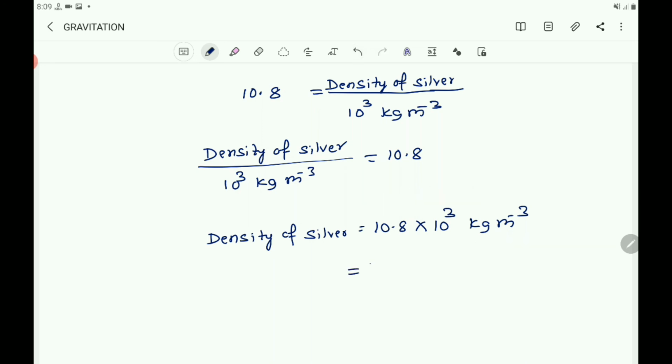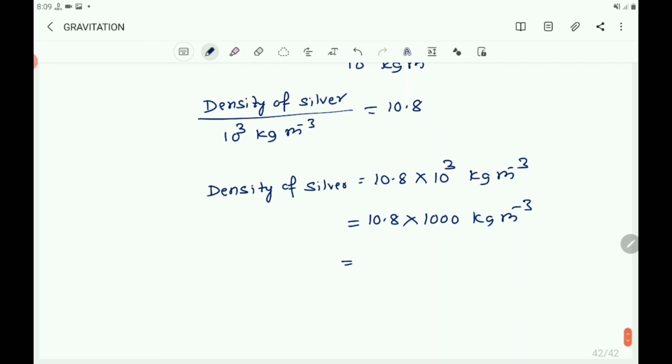And also you can write it as 10.8 into 10 power 3, means 10 into 10 into 10, that is 1000 kg m power minus 3, that equals 10.8 into 1000, that is 10,800 kg m power minus 3. 10,800 kg m power minus 3 is the density of the silver.